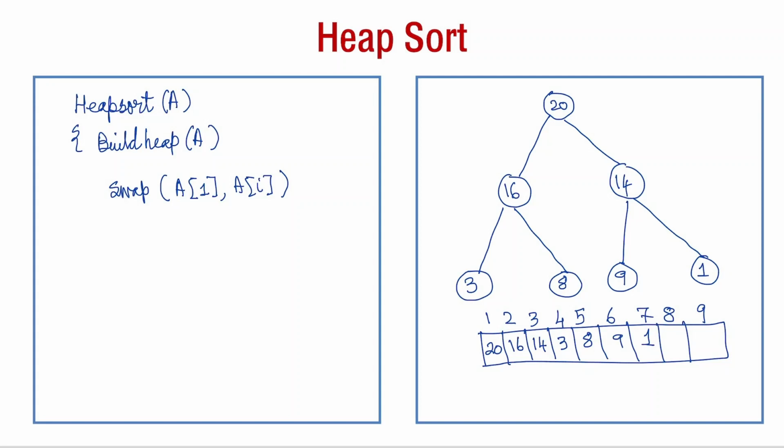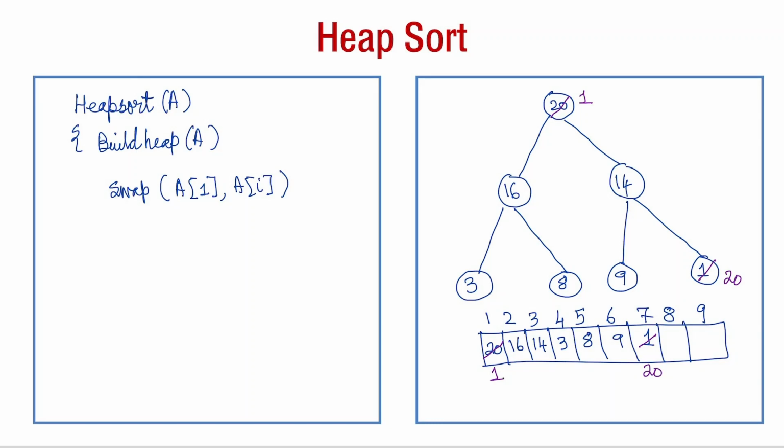A1 is the root. AI is the last element. So what will I do here? I will take this and swap it like this. So this will become 1, and this will become 20.